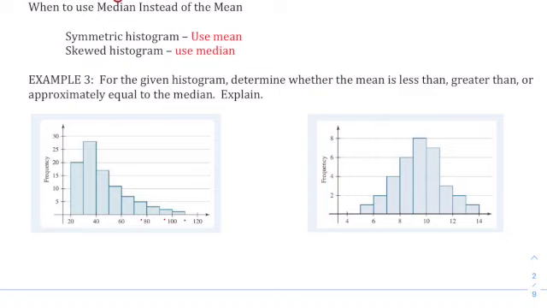So example 3 says, for the given histogram, determine whether the mean is less than, greater than, or approximately equal to the median. Explain. If you look at the first graph, you will notice that's a skewed histogram. Actually, it's skewed to the right. So in this case, we will be using the median.